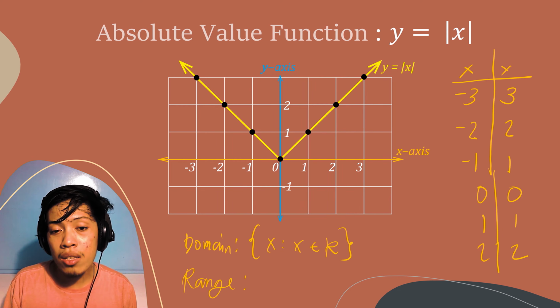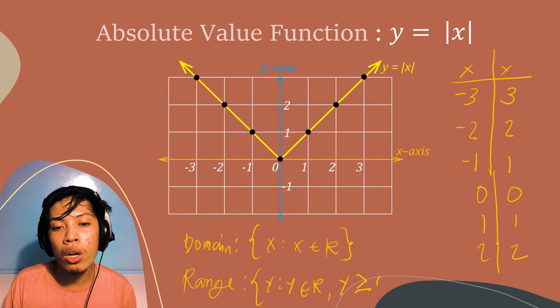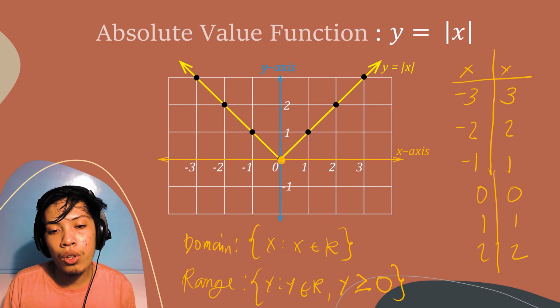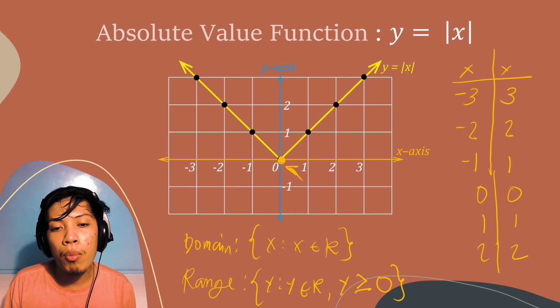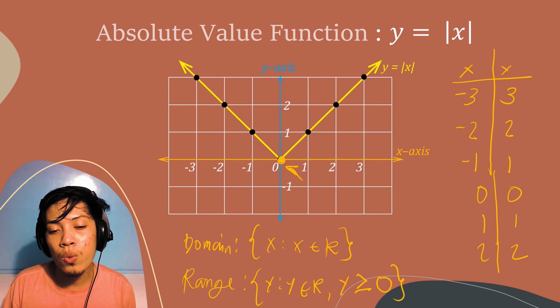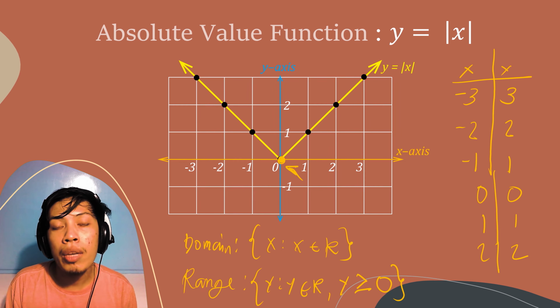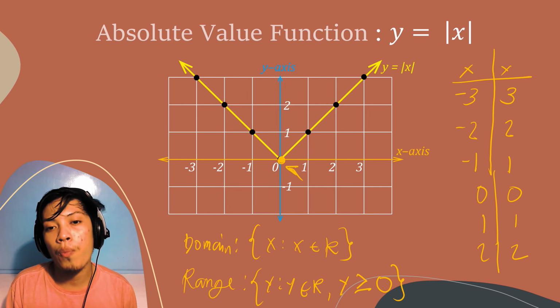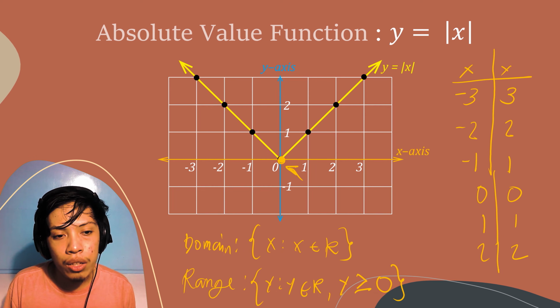So that means that your range is actually y such that y is a real number, but y is greater than or equal to 0. Right? This is the minimum value of your y, because, right? Then upward. It would be impossible for this function to generate a negative value for y. That's why your range is y such that y is a real number, but it is greater than or equal to 0. Okay, so that's the absolute value function.